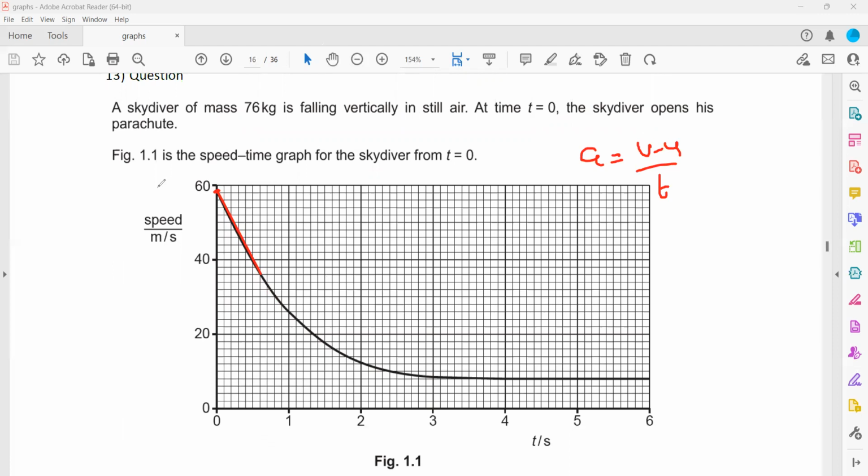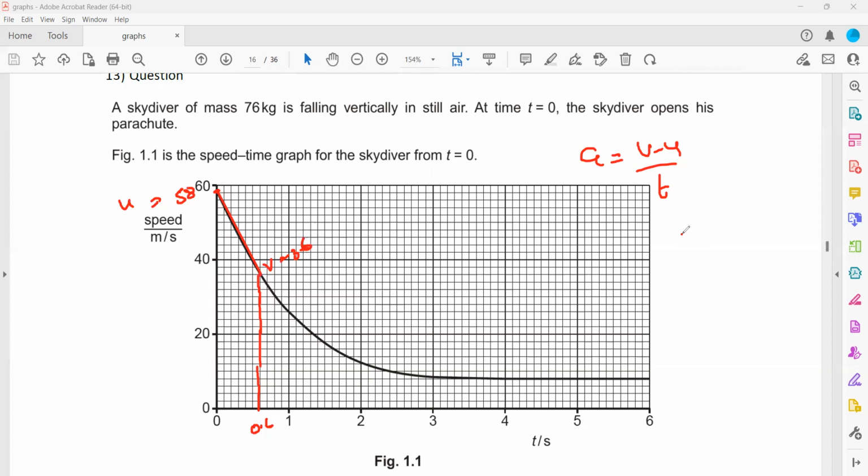So the starting speed: each 10 boxes equals 20, so each box equals 2. So this is 58, so the starting speed u is 58. This is 24, this is 36, so the final speed at this point is 36. And what is the time interval? How much time did he take? It is 1, 2, 3, 4, 5, 6, so 0.6.